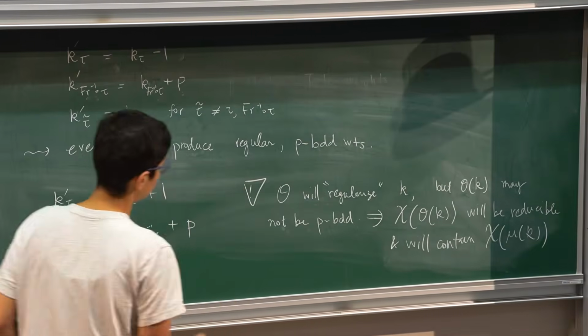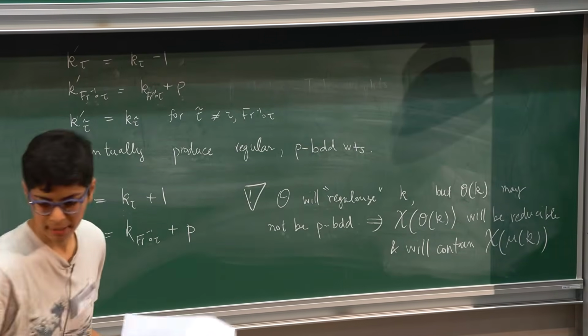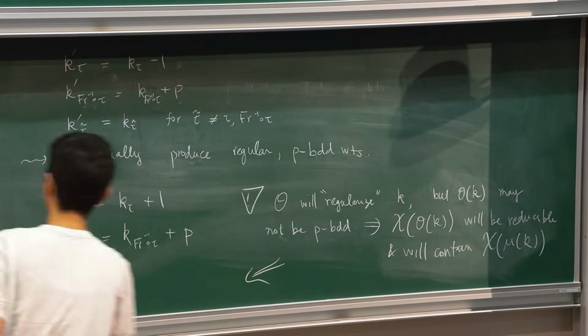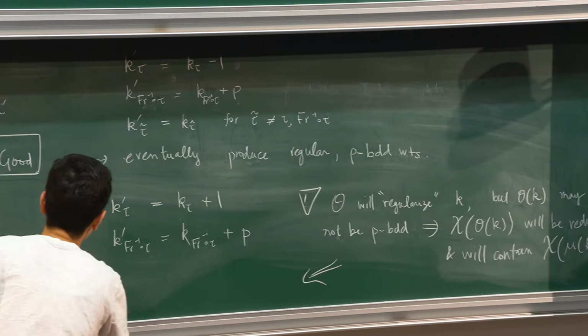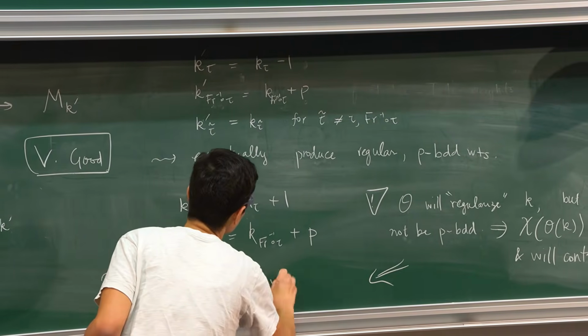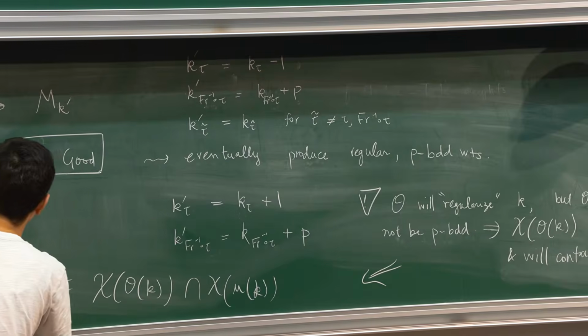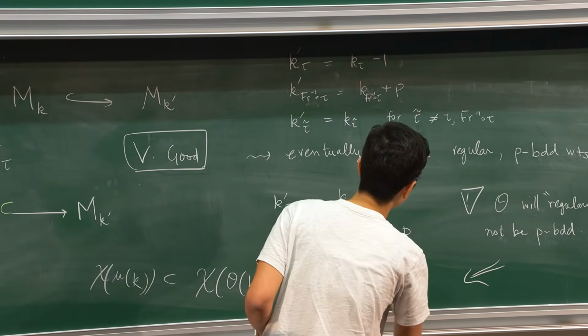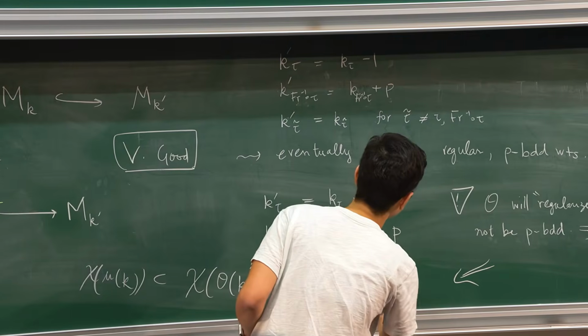And what will happen then is, very unfortunately, when you intersect theta k with mu k for step 2, this of course contains mu k, and it cannot be contained in xk.